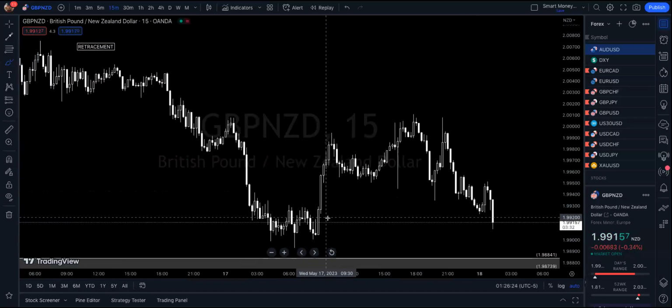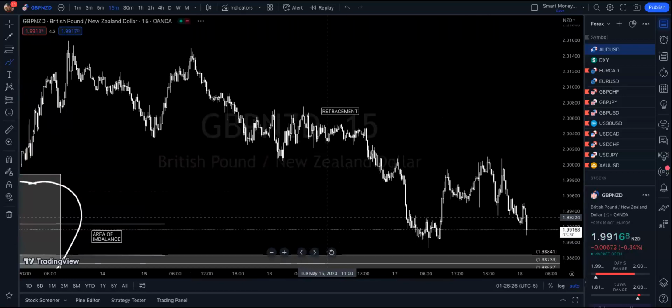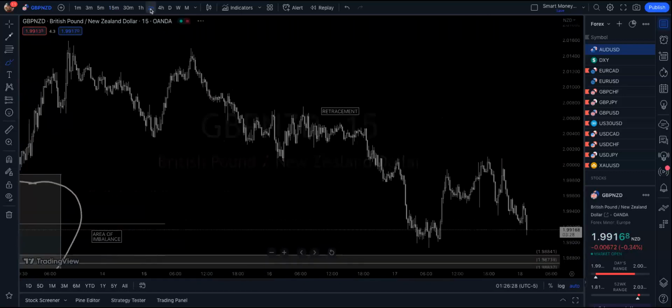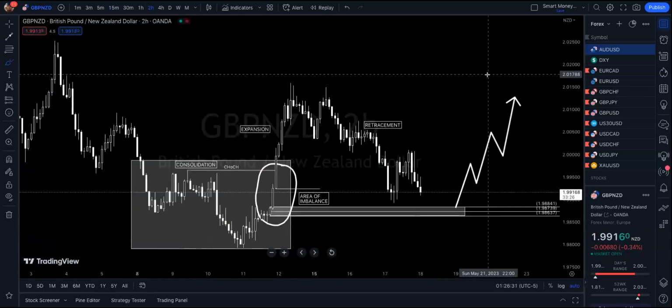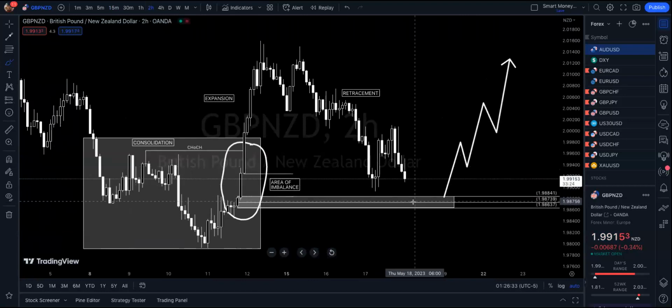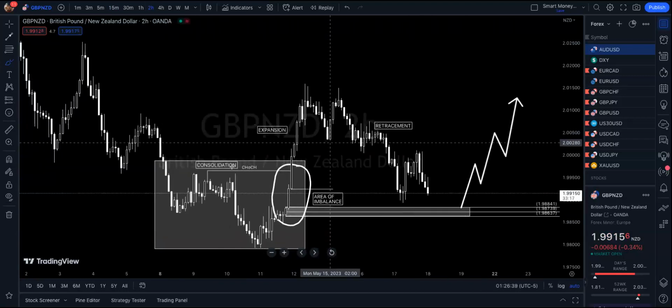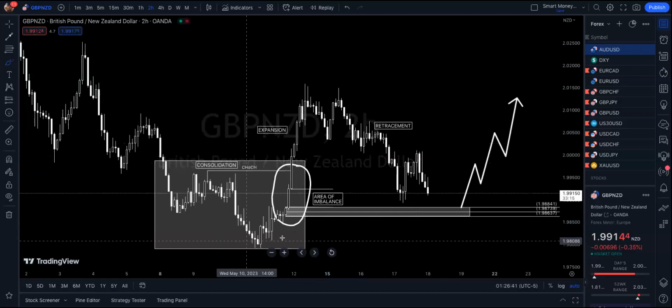And what's going to happen is, I'm telling you, this is going to come back down into the zone, stop all these people, and then come up. Now that's if it respects this low.